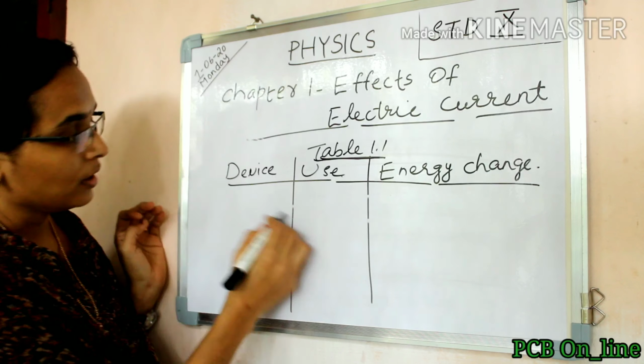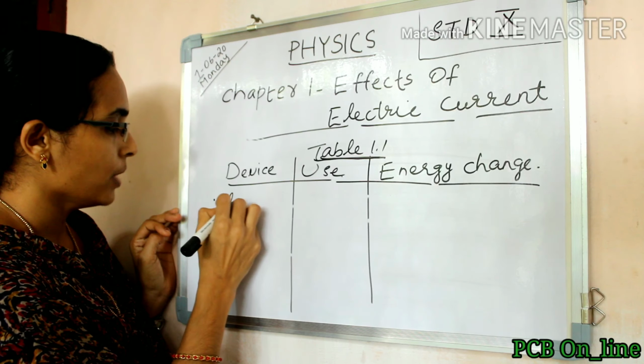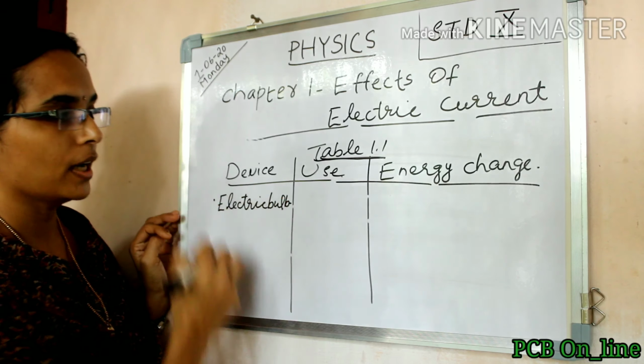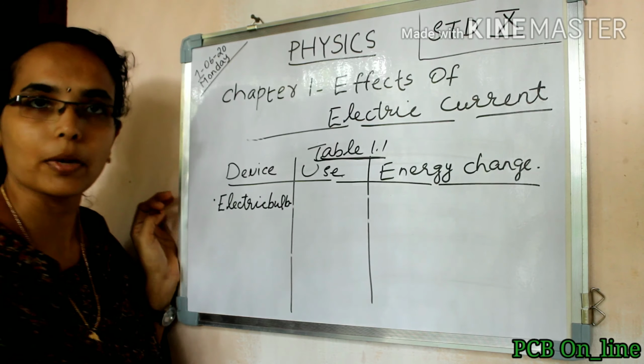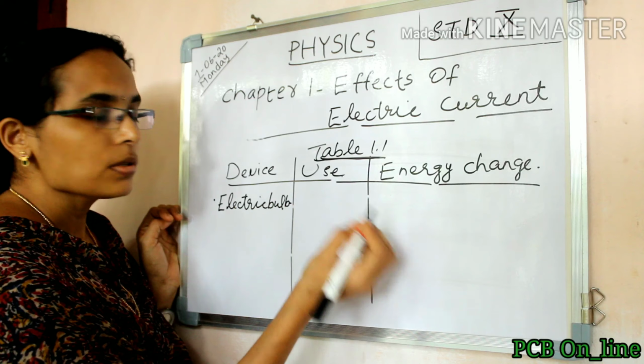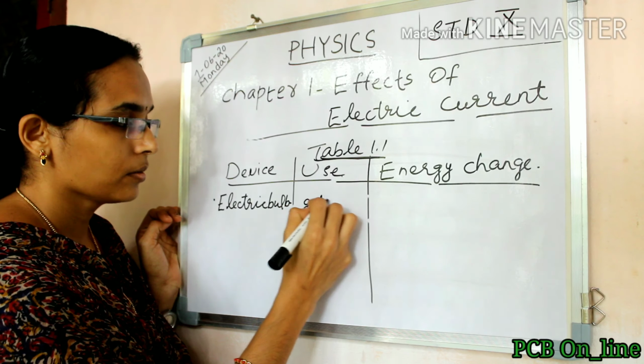Now we have to fill the devices; the device given is electric bulb. What is the use of electric bulb? That we have to write in this column. The use of electric bulb is to get light.